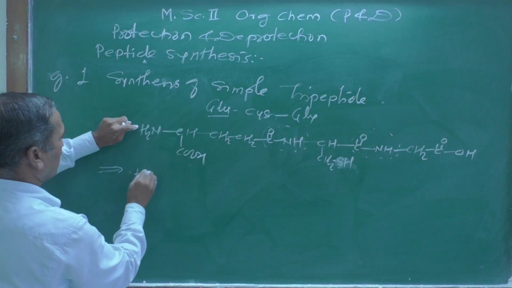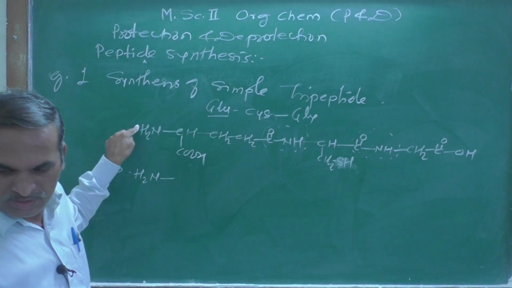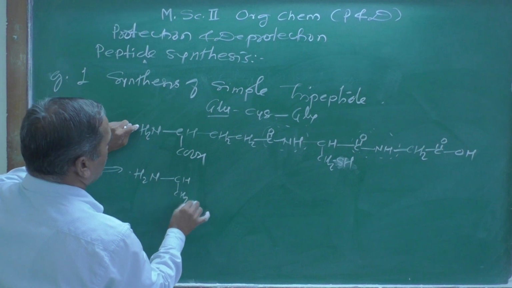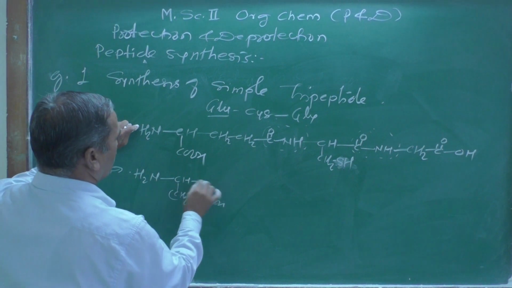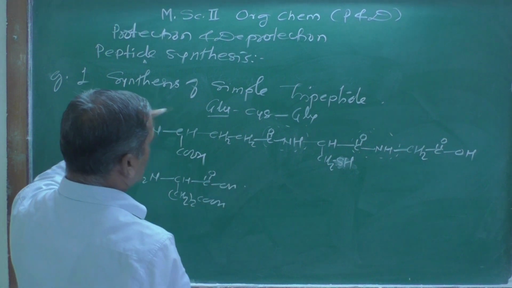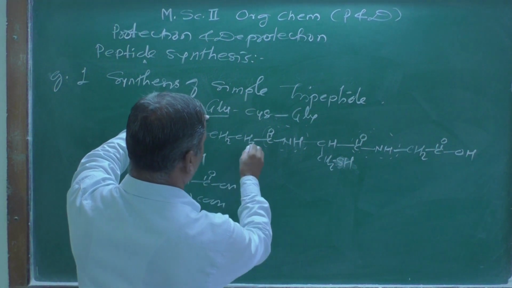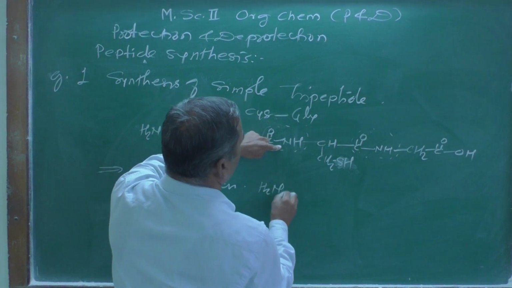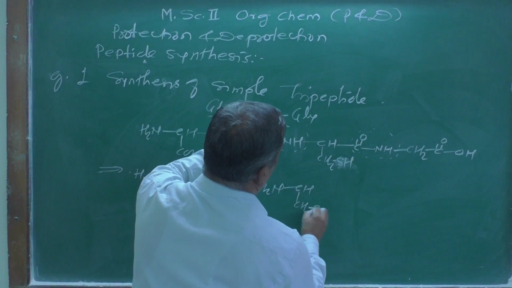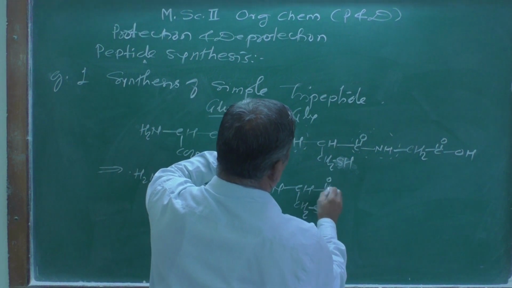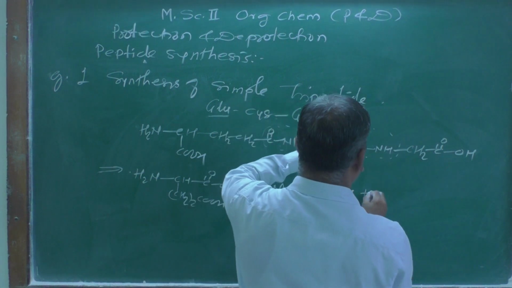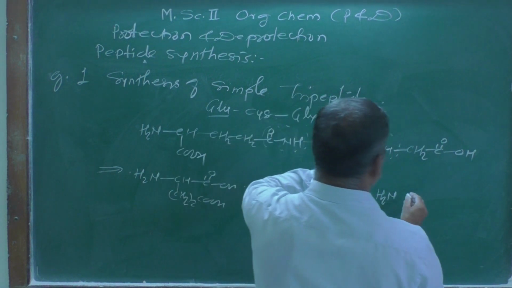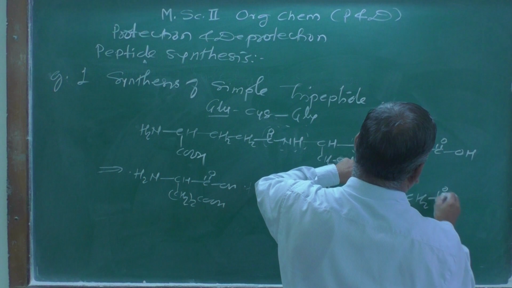Okay. Now, if you see this one, totally here you are going to get H2N, then CH, CH2 twice, COOH and C double bond OH. This is glutamic acid. Then the second one, when you break here, you are going to get NH, CH, CH2SH cysteine, C double bond OH, and in this case there is glycine H2N, then CH2 C double bond OH.